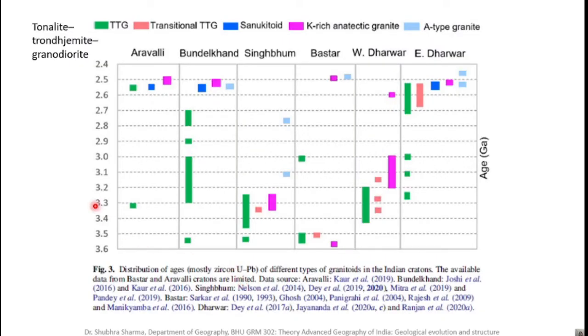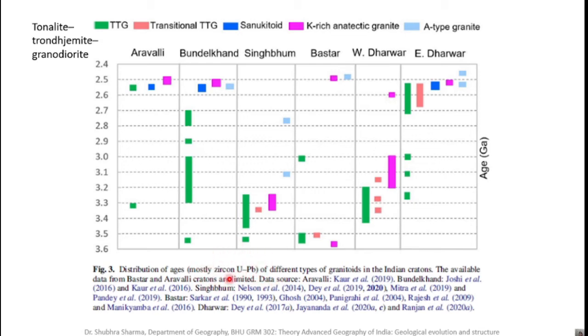Okay, so now we have been saying that these are Archean cratons. So that means these rock types must have been dated, right? So what is the technique or the method of dating these rock types? We call it zircon uranium-lead dating.